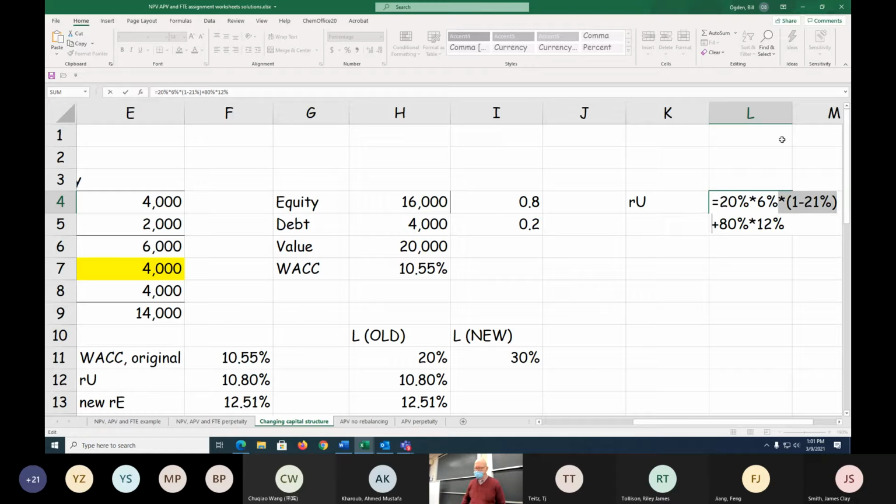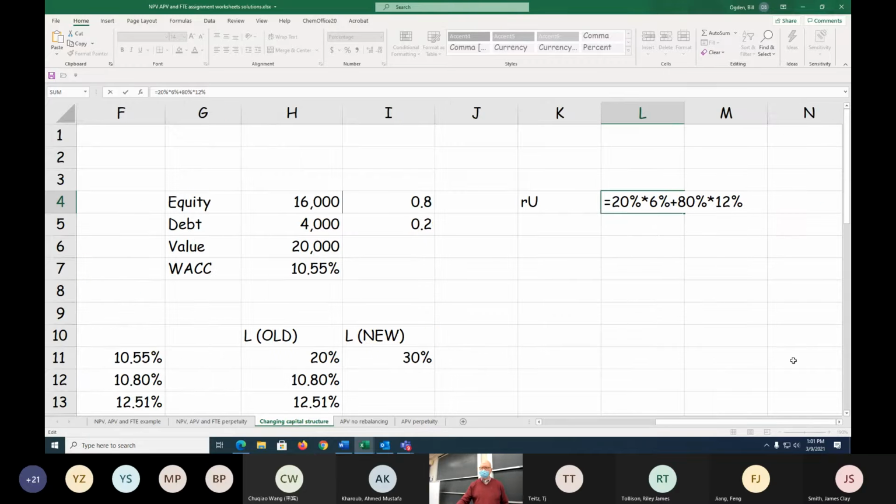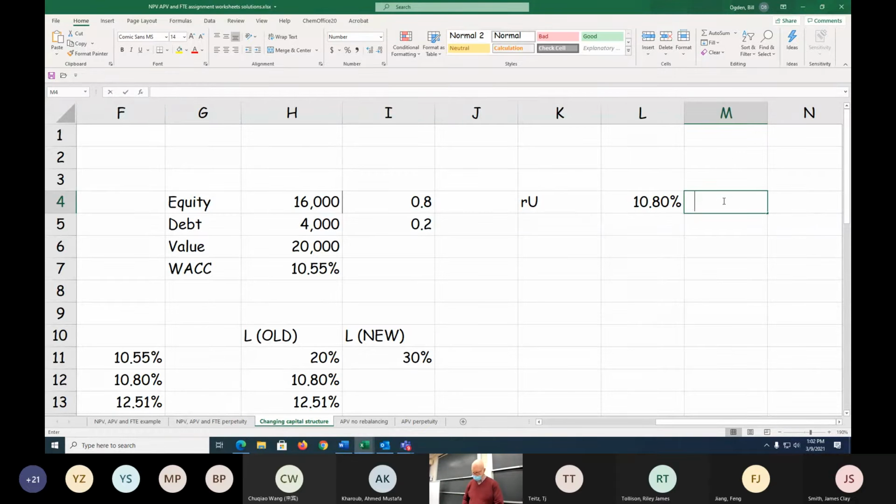I don't think I've ever done that for you before. I've said it, it's what it is. But it's the same as the WACC without the 1 minus T. So it's weight, debt to value, RD, equity to value, RE. So what's the word for this?